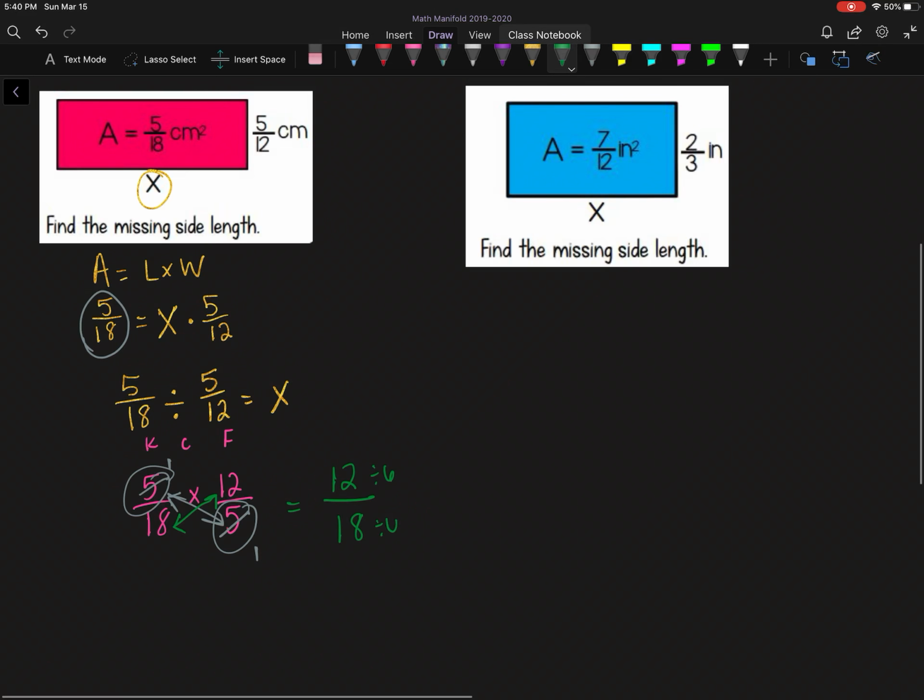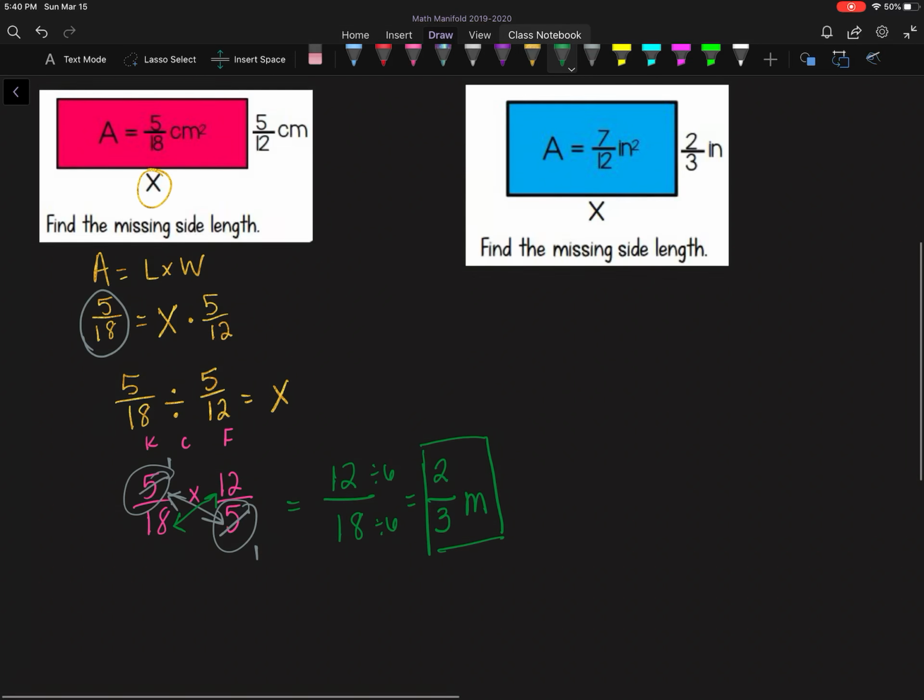Well, they both happen to have in common a 6. And so 12 divided by 6 is 2. 18 divided by 6 is 3. And so my missing side length would be 2/3 meters. And this is where I don't put a squared in there because I already know what my area is. I'm trying to find a side length.